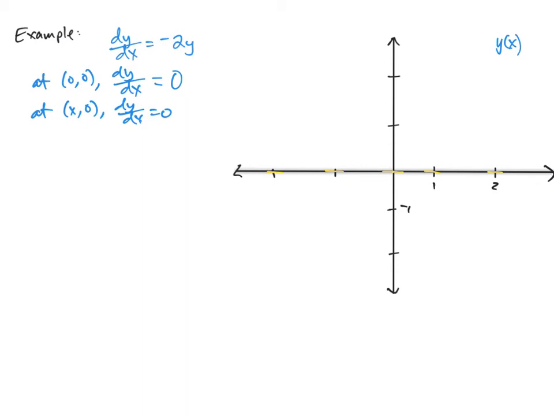So let's think about a different point. Again, x doesn't matter. So let's say any x, and then let's say y equals 1, then dy/dx equals -2. So at the point 1, 1, my slope is going to be -2.